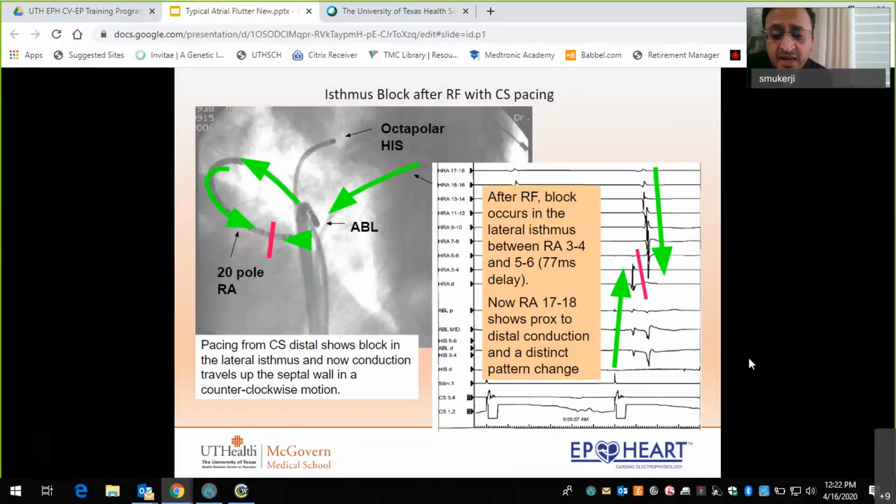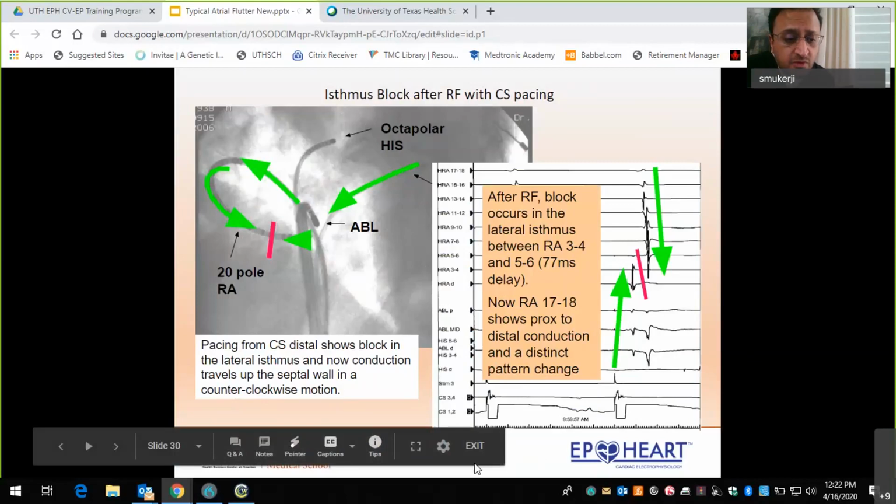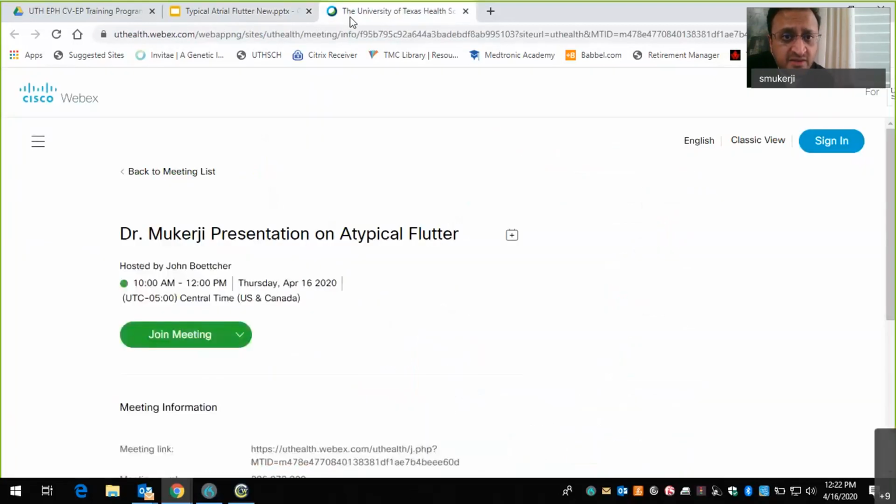That's why we look at the last entrained beat. In overdrive pacing, we're just pacing faster than the tachycardia in an attempt to terminate the tachycardia. Sometimes entrainment leads to termination, but that's not entrainment. There are 4 caveats that we always have to look for in RV entrainment.